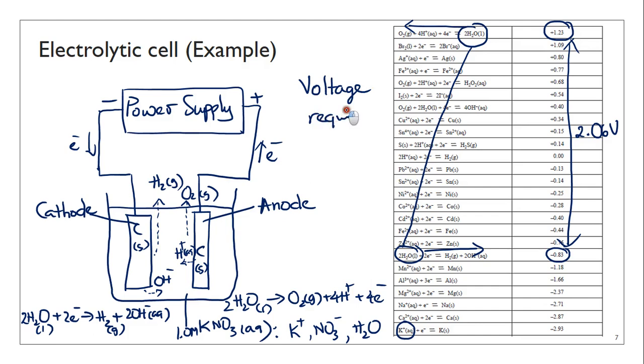I'd say 2.5 or 3 for the voltage required. You want to make sure that it's definitely higher than the difference in voltage between the oxidizing and reducing agents, just to account for heat loss. So let's say 2.5 could be that. I'm just going to write here that it has to be greater than 2.06 volt.